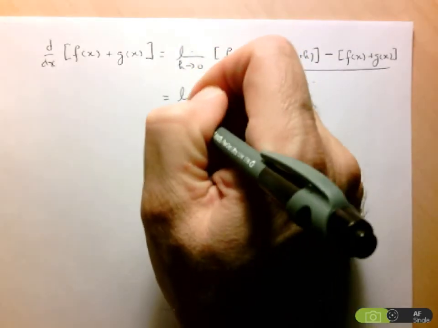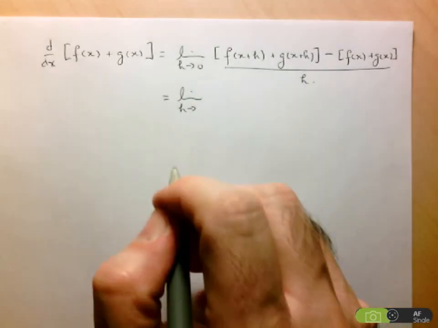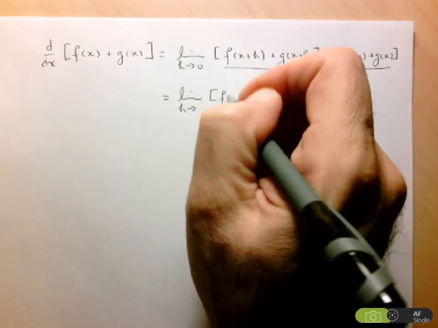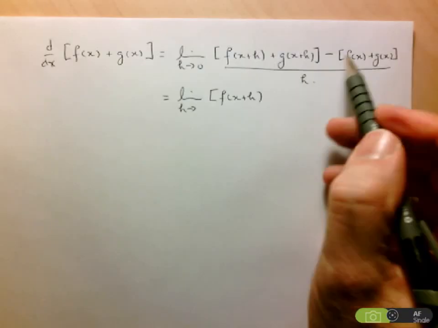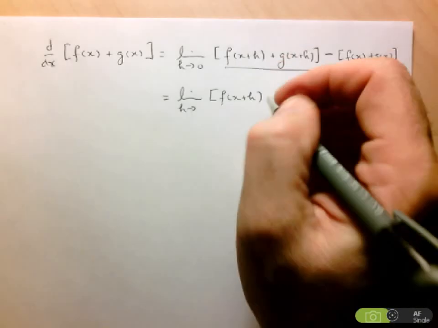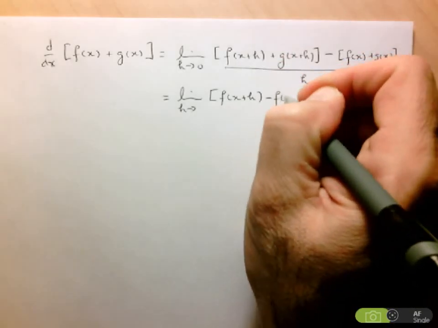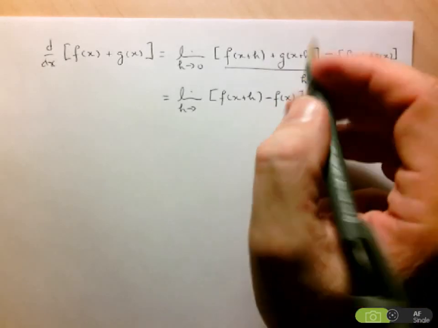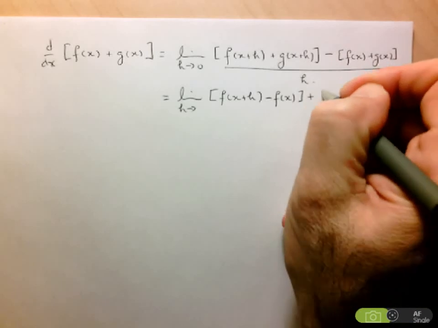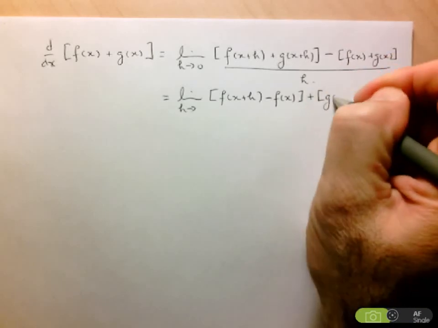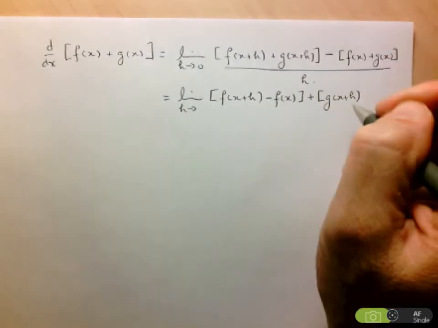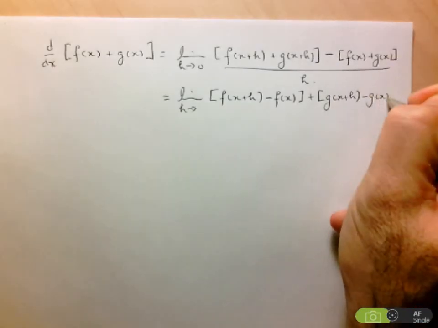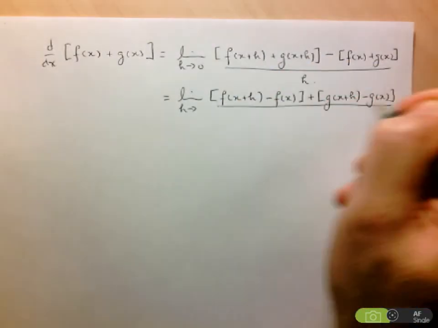Okay, and this one here is pretty straightforward. I'm going to take everything to do with f in one bracket. So here I have f at x plus h, and then from that other bracket I'm going to have minus f at x. And then in the other bracket I'm going to have g at x plus h, so plus g at x plus h, and then minus g at x, all over h.